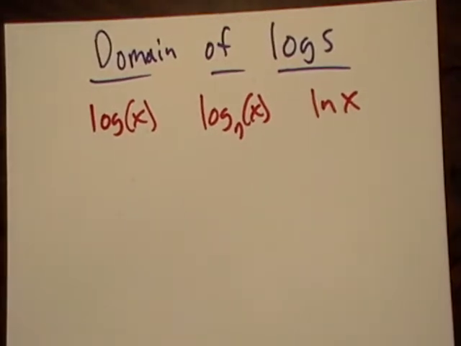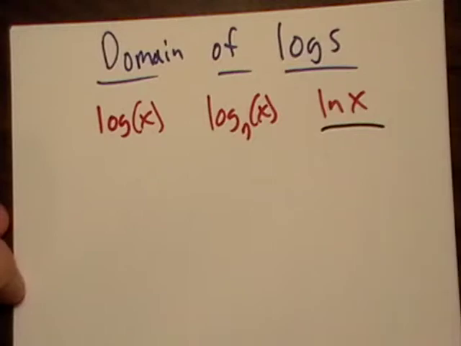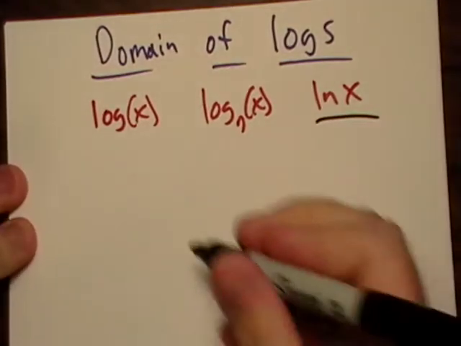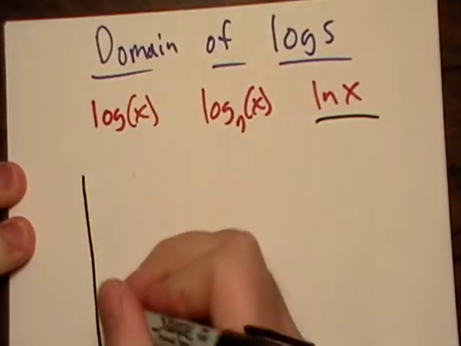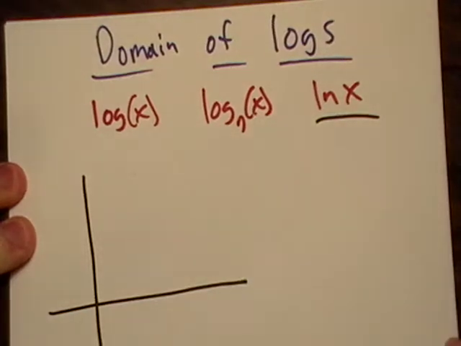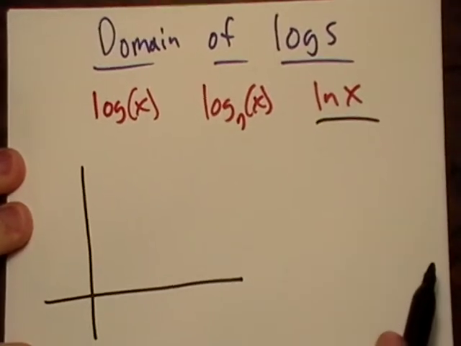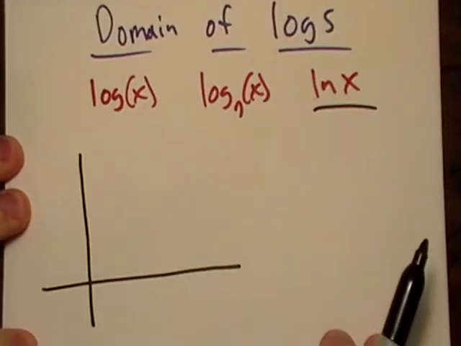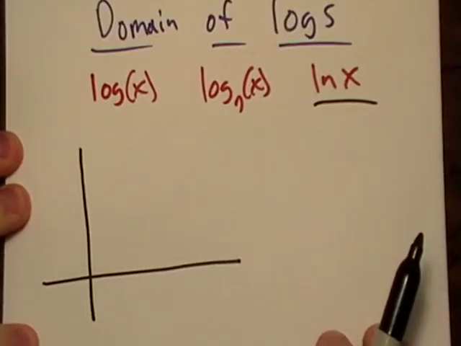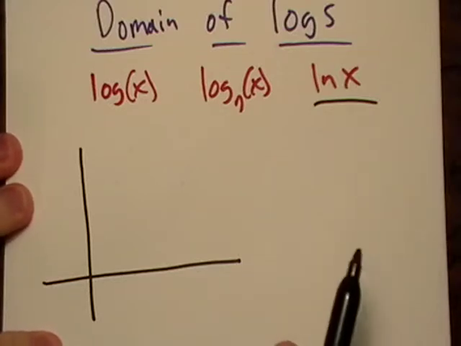Okay, but the first thing I want to do is just graph the natural logarithm. So it's gonna kind of look like this. That's not a really good graph, but it'll work. Maybe even if you have a graphing calculator, you can punch it in there.